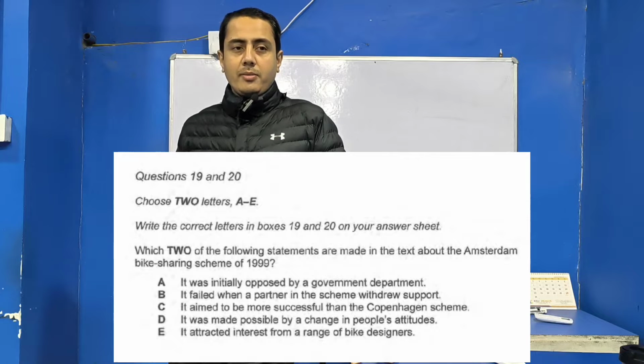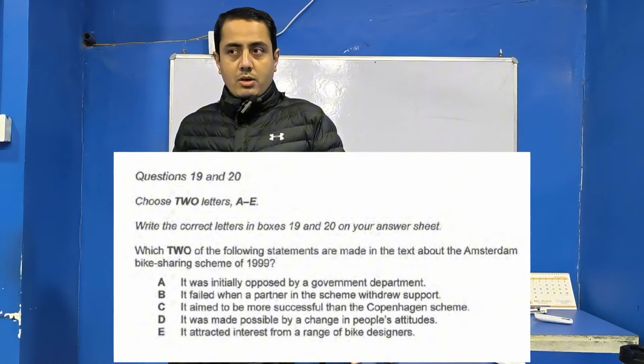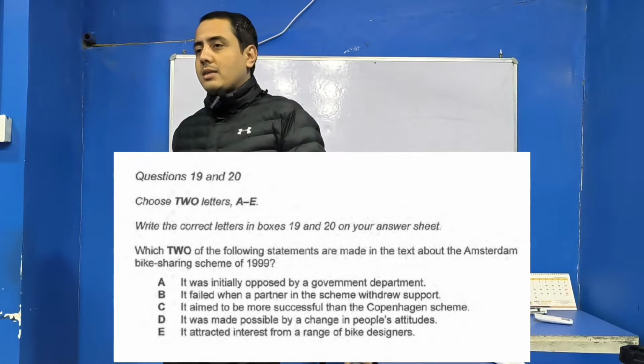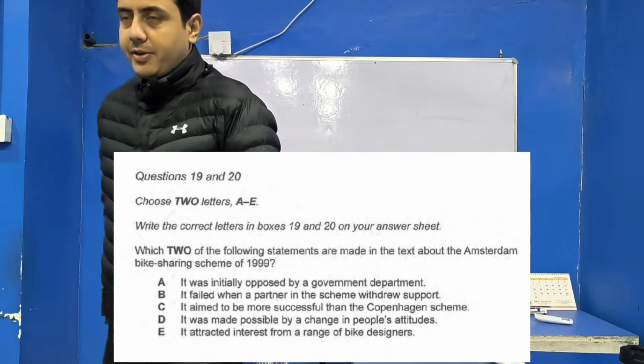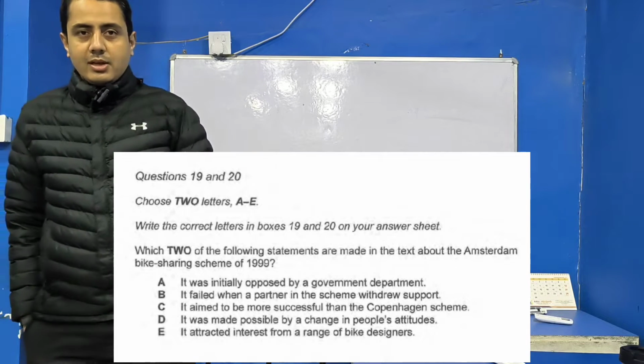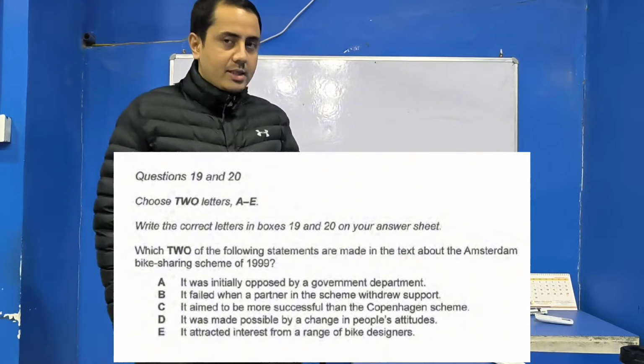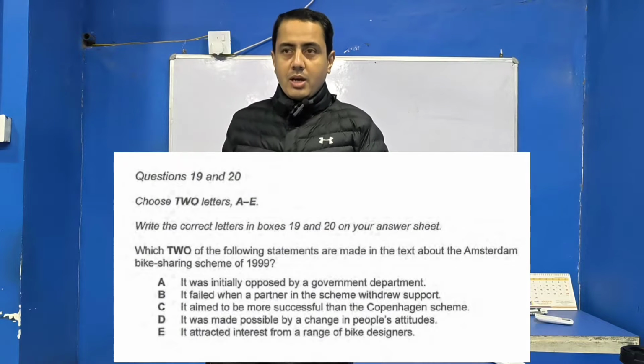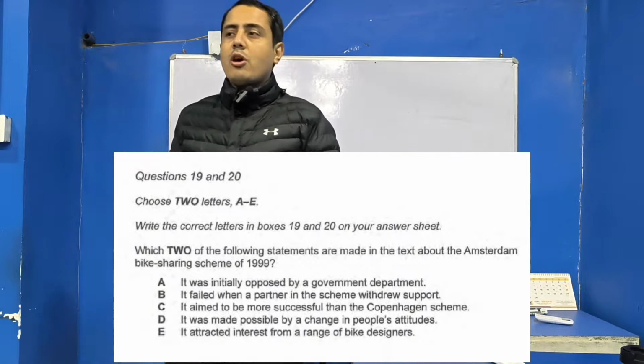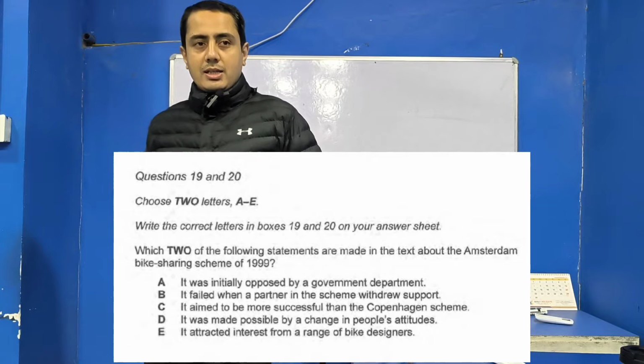On that page, you can see questions 19 and 20. Those are multiple choice questions. And how they are different from what we did last time is that there are five options, unlike the four options that we saw in questions last time.